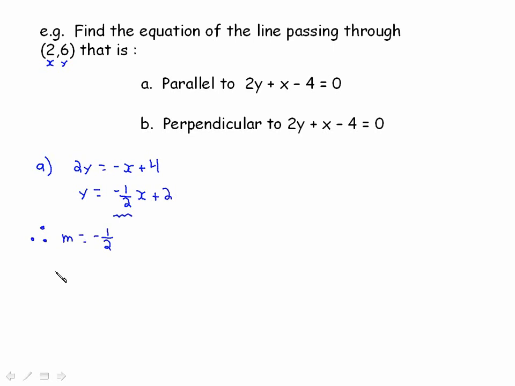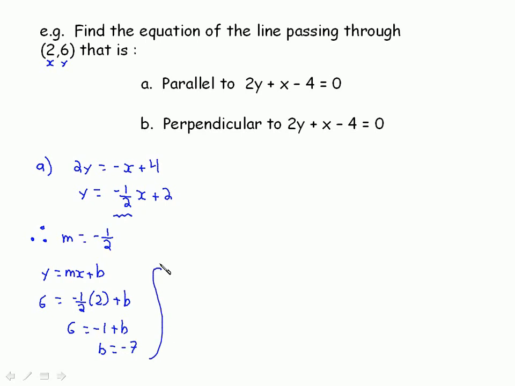And all we do now is use the point slope formula and sub in the given point where y is 6 and where m is negative 1/2 and x is 2 plus b. So 6 is equal to negative 1 plus b. Subtract the negative 1 away, so b is equal to negative 7.